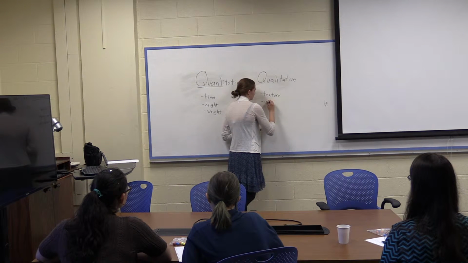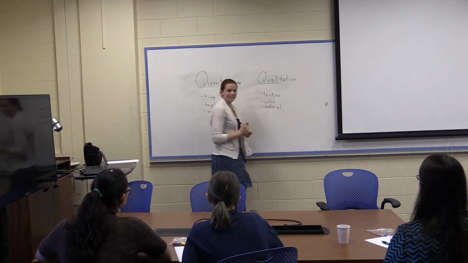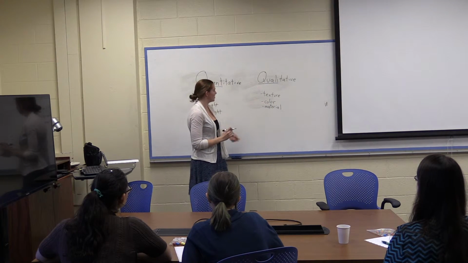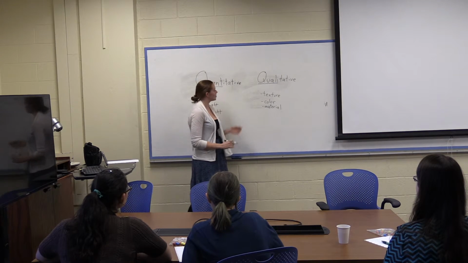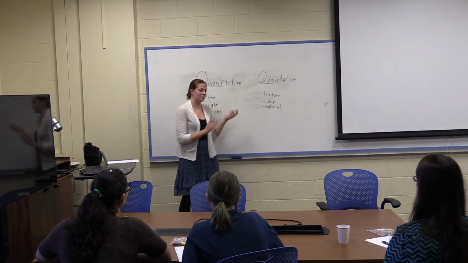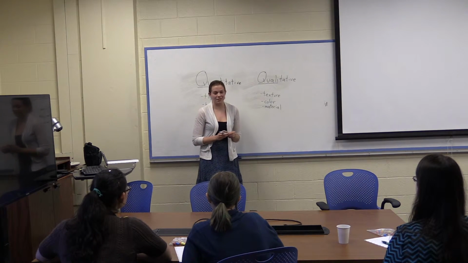The color, what material it's made of, all these things describe different qualities of the things you're observing. So qualities, qualitative, and then quantities, quantitative. So your quantitative observations will involve numbers, your qualitative observations will involve words. That make sense? Does anybody have any questions?